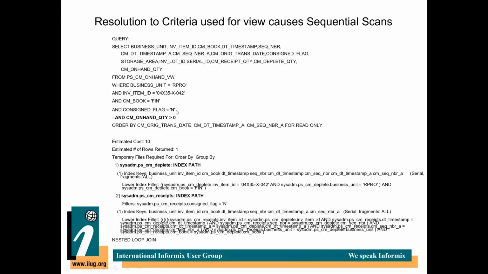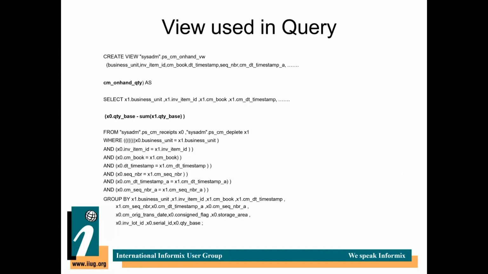And once I did that, it was using all the indexes. So I'm like, that's strange, I wonder why it's doing that. Well, in this case there was a view being used and the CM quantity on hand was being calculated from that. That was causing the sequential scan.